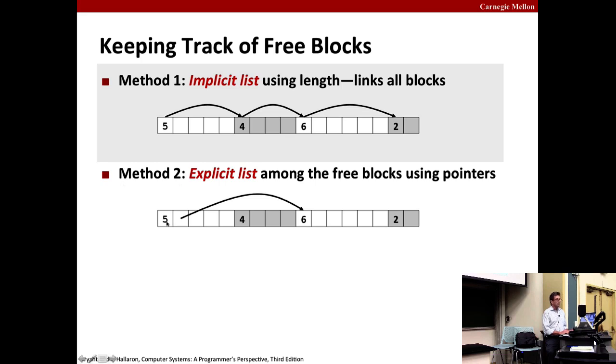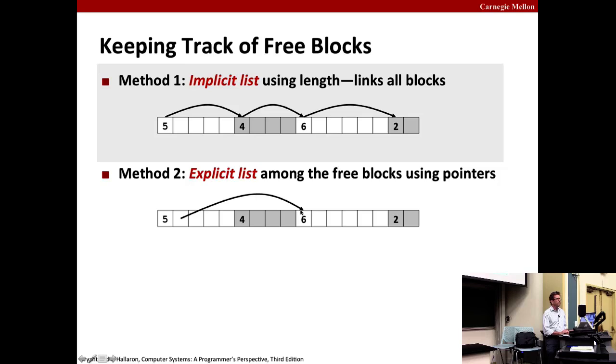Another thing we could do is use some of the words in the block to create a linked list of some kind, either singly or doubly linked. In this case, it's an explicit list of the free blocks, and we can just walk that list. Here we visit the first free block, and then there's a pointer to the next free block, and so on.